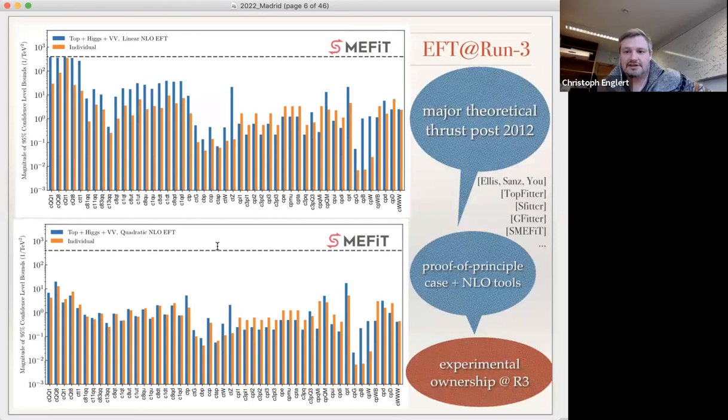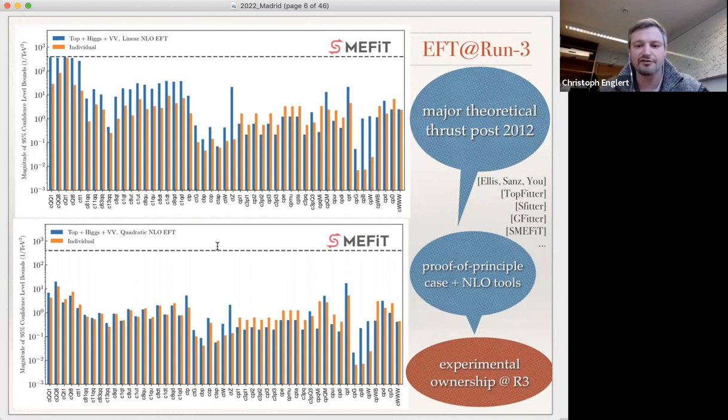So as I said, a lot of effort has gone into this particular dimension 6 analysis, and that's just a very, very busy slide to show you that this major theoretical thrust post-Higgs discovery, various groups have worked a lot on that and created essentially not only proof of principle cases and a lot of tools, but you can do it essentially just looking at the plethora of LHC data, and you can fit all of this often now also beyond leading order accuracy in various ways, using various fitting technology that's really out there.